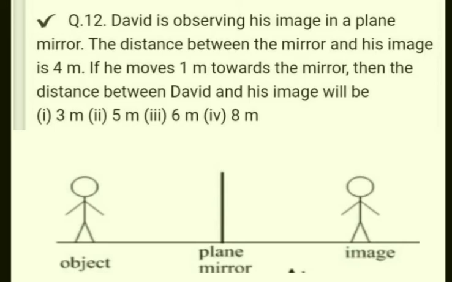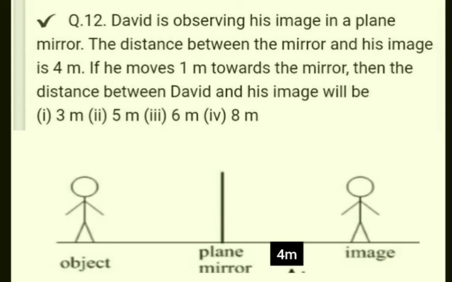Let us find out. Let's say this is David and this is the mirror. So David is able to see his image here. So this is David, which is the object, and this is the image. David is standing in front of the mirror and the distance between the mirror and his image is 4 meters.